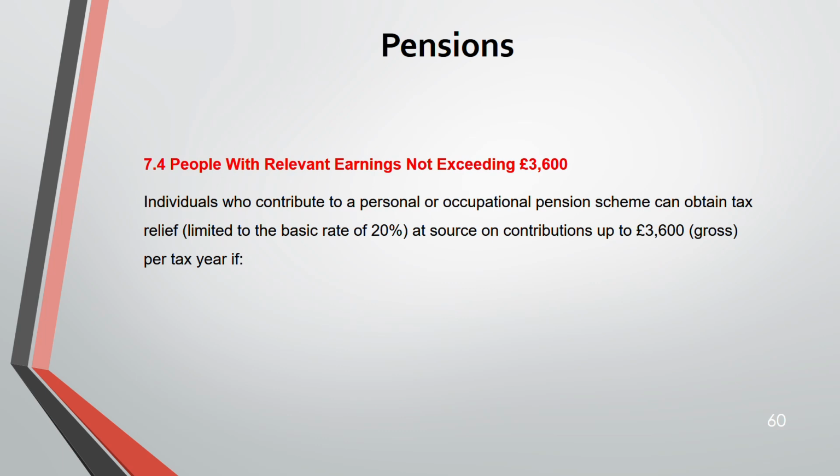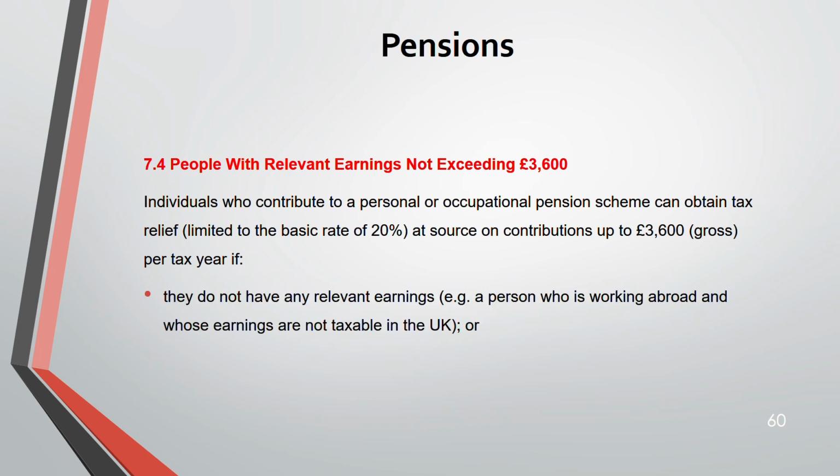This is the gross amount, this 3,600 per tax year, if they do not have any relevant earnings. Let's say a person who is working abroad and whose earnings are not taxable in the UK. So they are not relevant earnings, or your relevant earnings do not exceed 3,600. So up to 3,600 you will get tax relief.